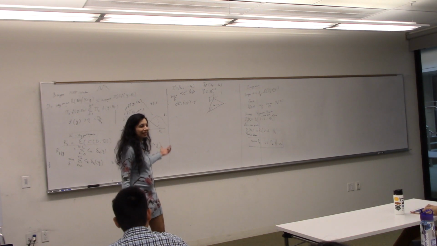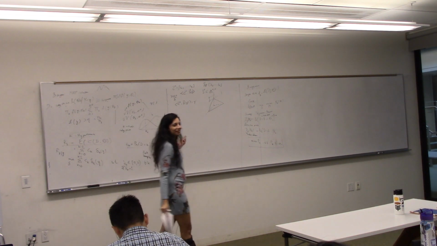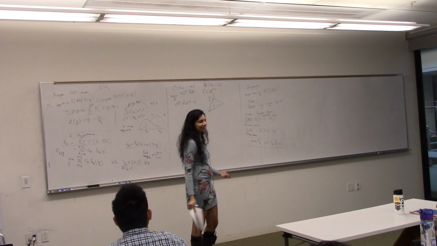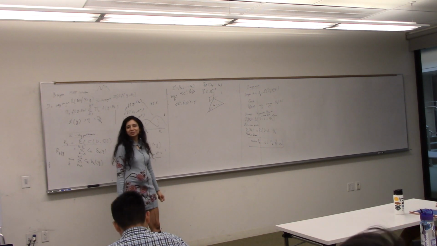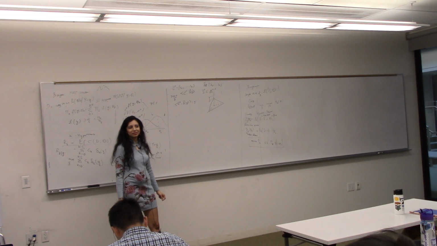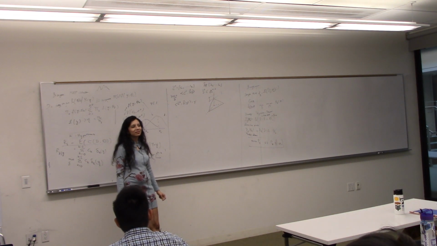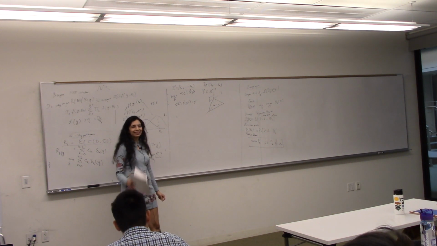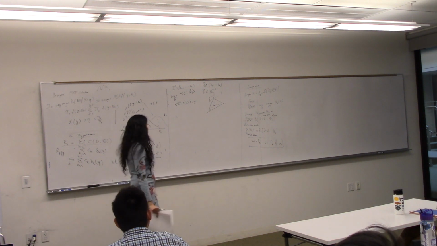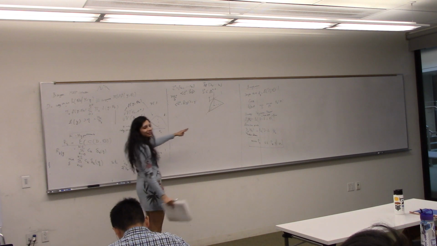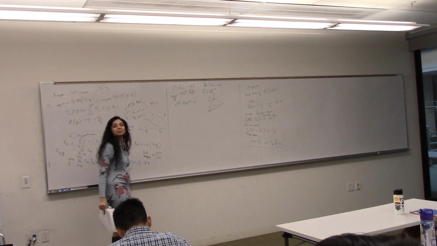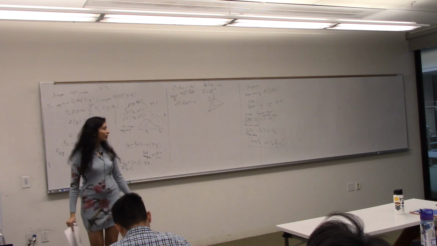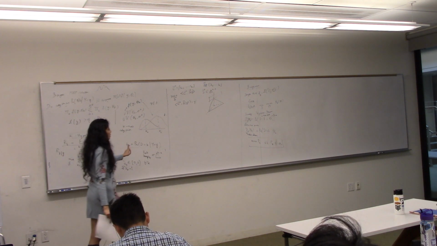And that's why, what's the conclusion? What does the vertex correspond to? What is the vertex of a simplex? It's 1 and then 0 everywhere else.